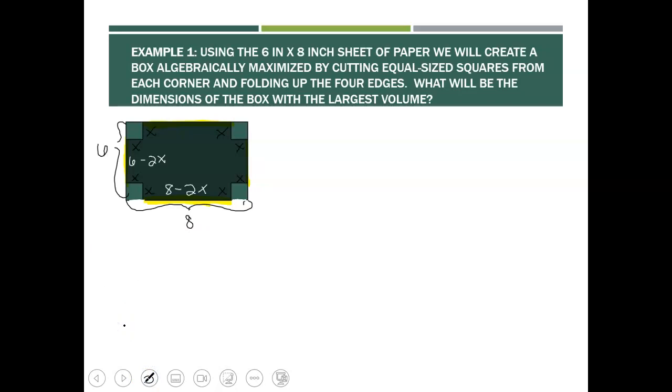So it says, when will the volume of the box be the largest? So now you gotta go back to your geometry days and say, okay, volume is length times width times height. Well, the length of the box is 8 minus 2x.